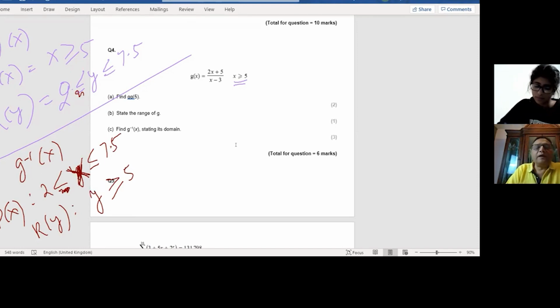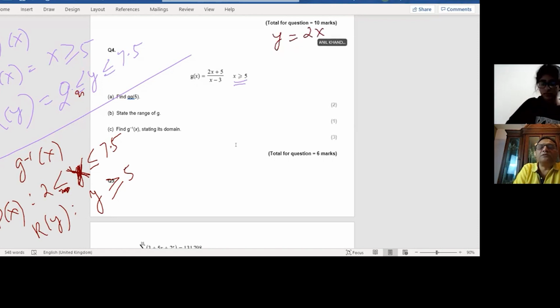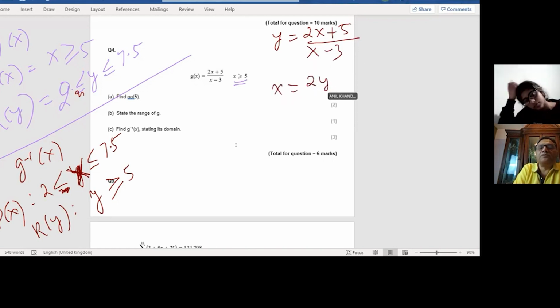Now, second part is to find the inverse function. So basically, we'll swap x and y. We'll rewrite this equation, which is given to us as y equals 2x plus 5 over x minus 3. When you swap, you can write this as x equals 2y plus 5 over y minus 3, right?